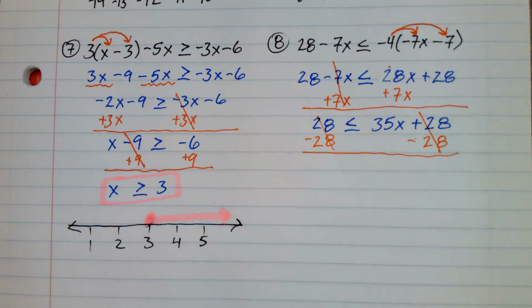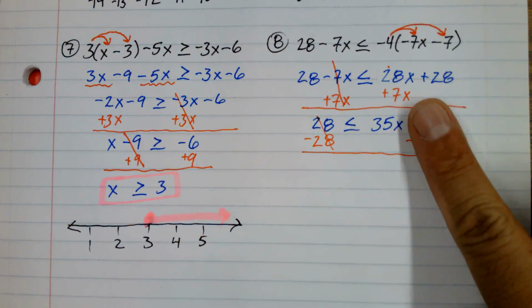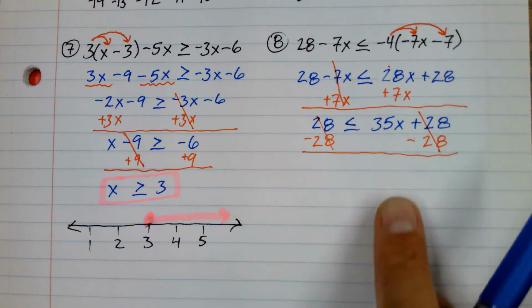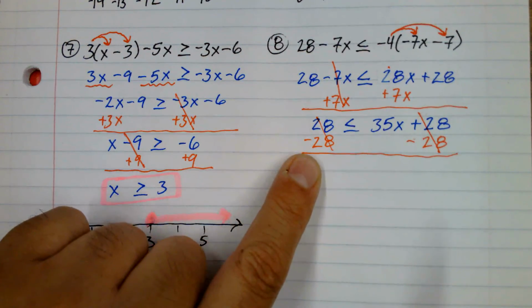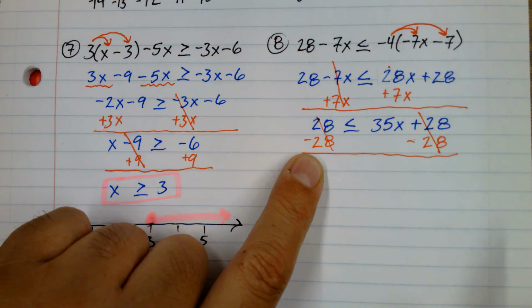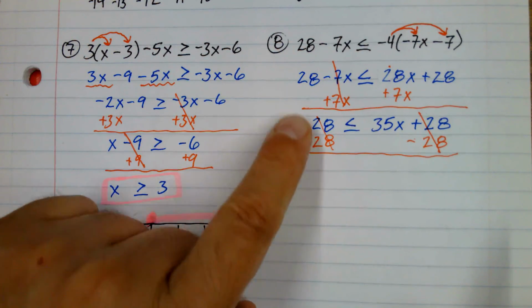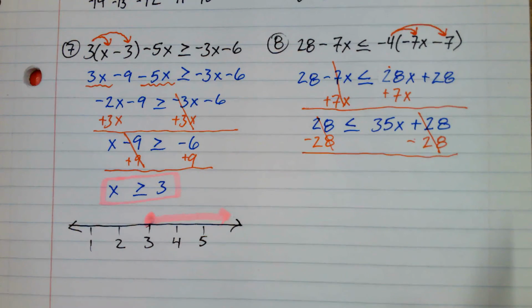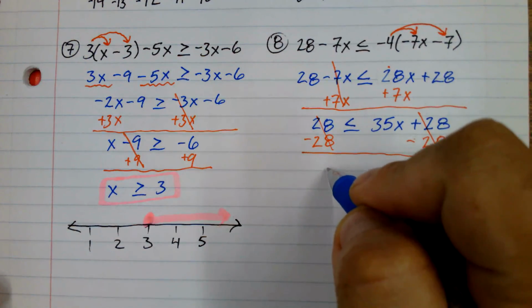Cancels here, but it cancels there too, right? And canceling here is no problem. We still got 35x. But if it cancels over here, what does that give me? What's 28 take away 28? I get 0.